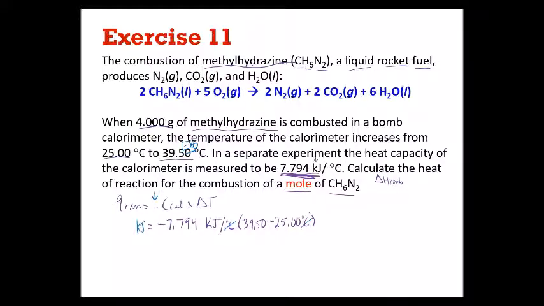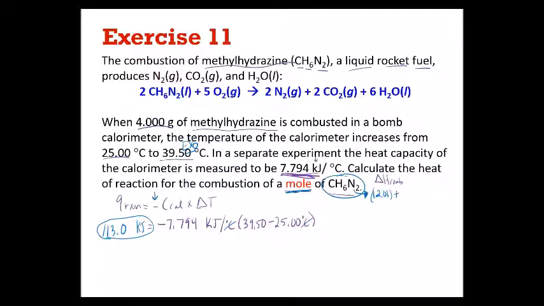So I'm getting 113.0. And these have 4, so this has 4. I'd go with 4 here as my Q reaction. The next part is finding the moles of our methyl hydrazine. So we need to find the molar mass of this. Let's go ahead and calculate that out. So that's 12.01 for the carbon.